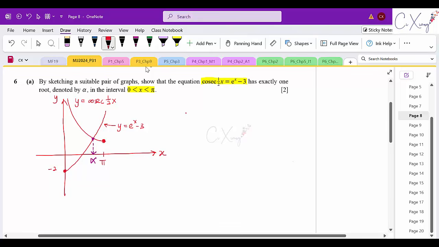Okay, then I need to make a simple conclusion of this. Alright, so you can see that one intersection point can be seen. Hence, there's only one root between 0 and pi.